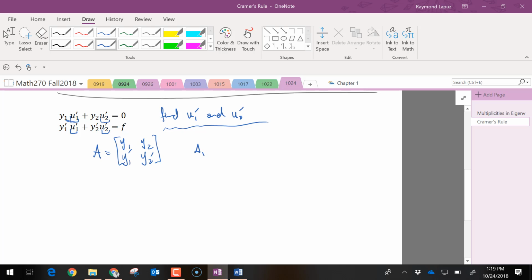A1 would essentially be the Wronskian, or this A matrix, except we're going to replace the first column by 0 and f. And A2 would be the same thing, except you're replacing the second column with 0 and f. And then you find determinants.